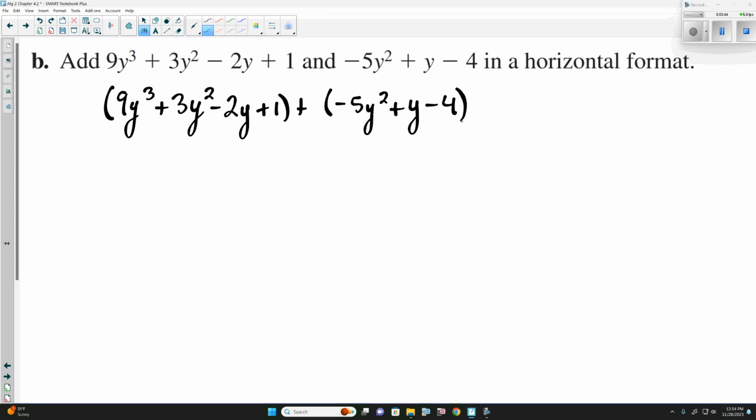Now, with addition, we can just drop the parentheses. We don't have to worry about our sign changes, because with addition, none of the signs will change. Since there's not a sign in front of our first set of parentheses, we can just drop them. Since we're adding the second one to it, the signs stay the same, so it'll still be negative 5y squared, positive y, and negative 4.